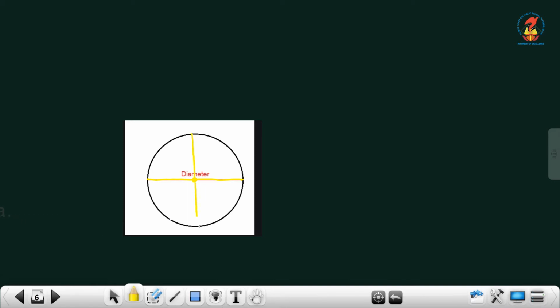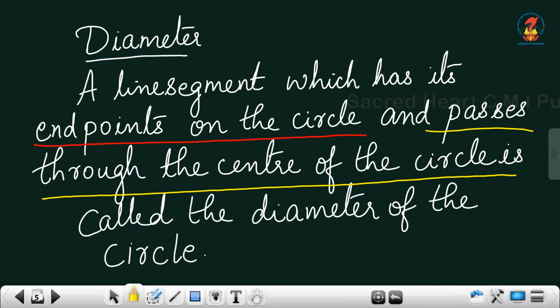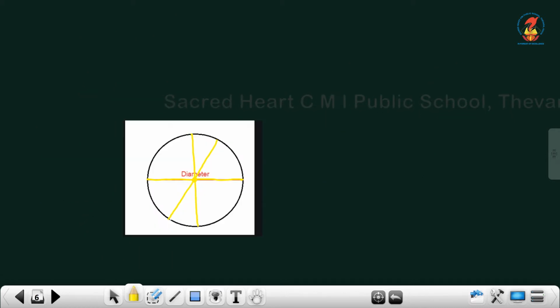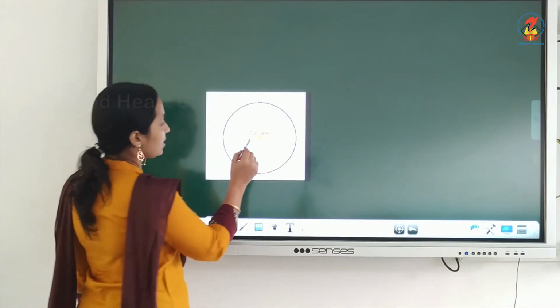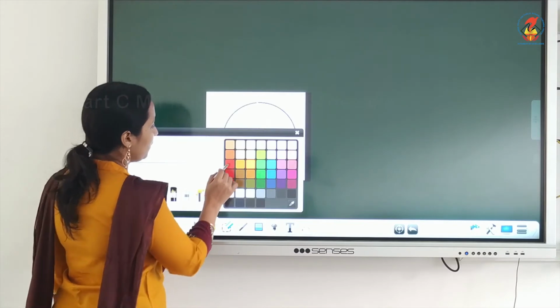Line segment which has its endpoints on the circle and passes through the center of the circle is known as diameter.